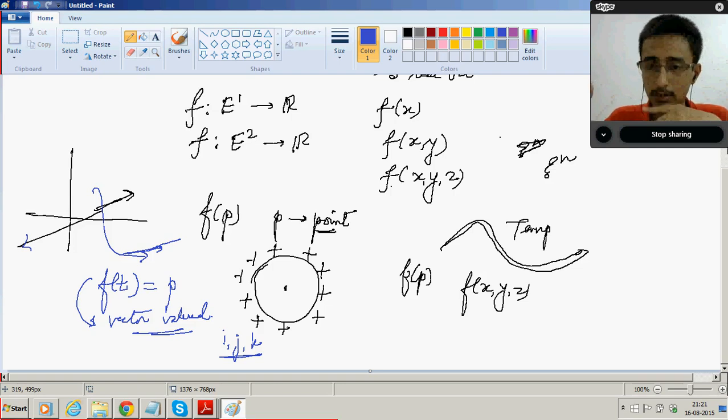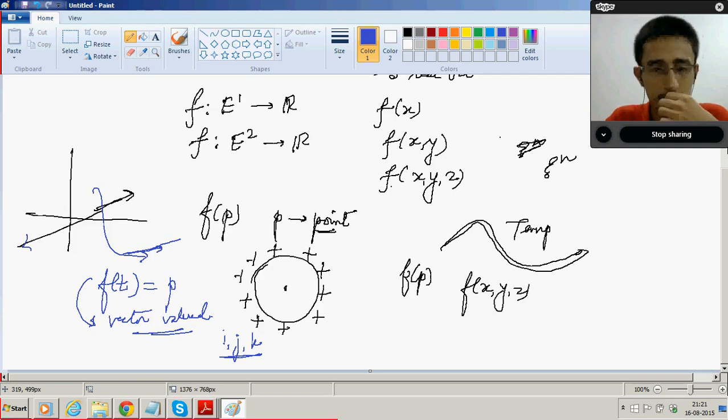So if you were interested in finding the force experienced by the particle as it moves along the path, we are essentially interested in a vector valued function, not just a numerical valued function.